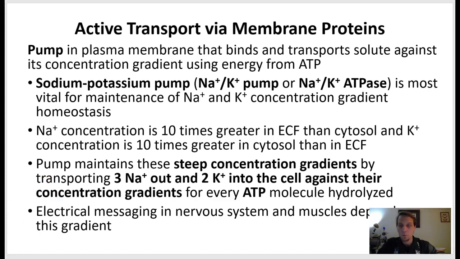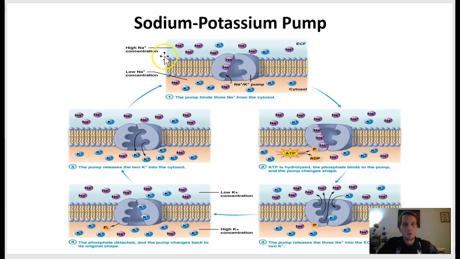We got, where are we at? 17 minutes. All right. So you can go through this picture and just study how it goes, but you can see the shape here already. We have a high concentration of sodium and a low concentration of sodium, yet where are we pumping it? Out. We want all that sodium out of the cell. We want it to be right there.